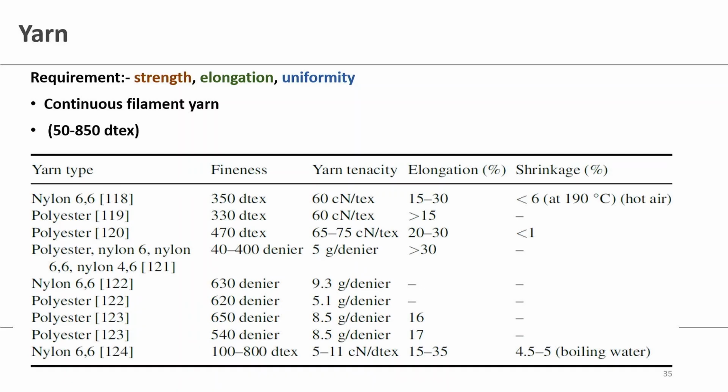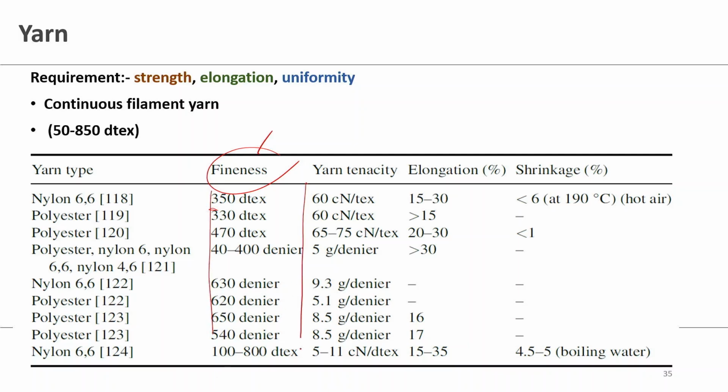Now, here we can see that different types of nylons are used. The fiber fineness of these nylons you can see, around 350, is the range.